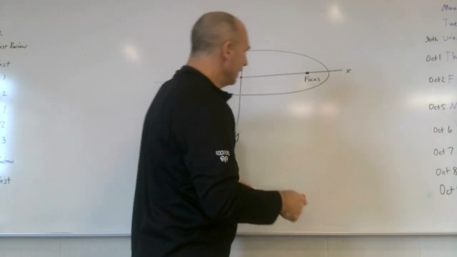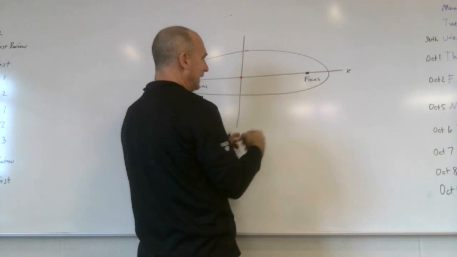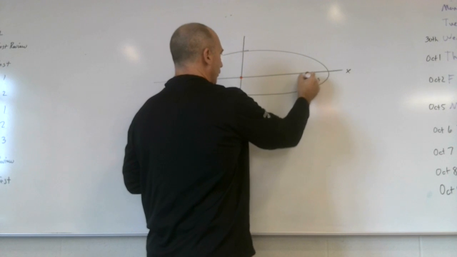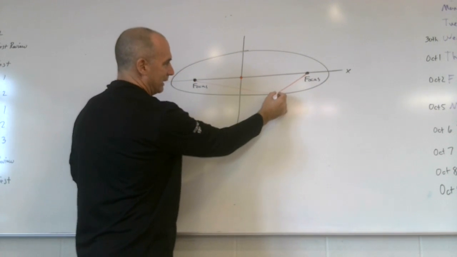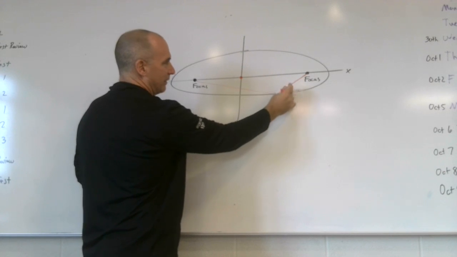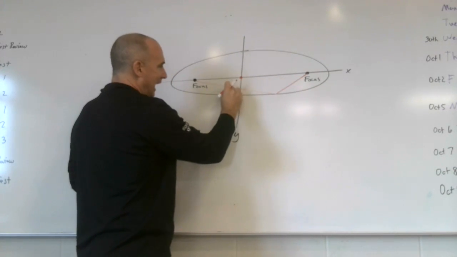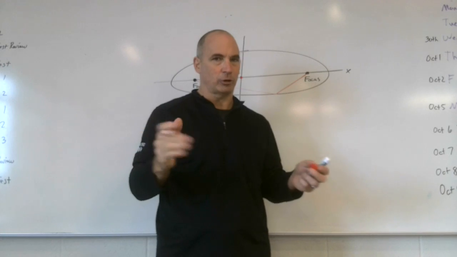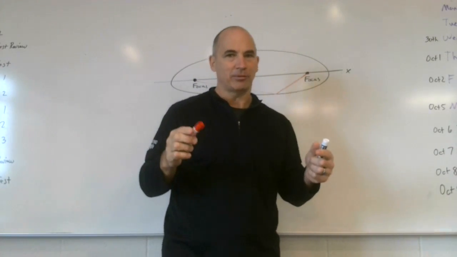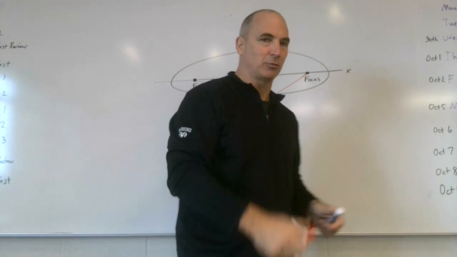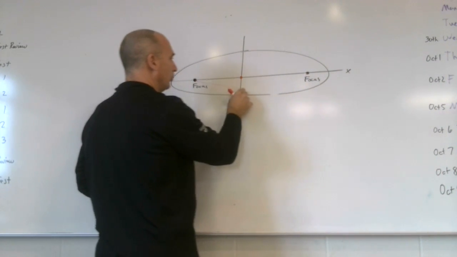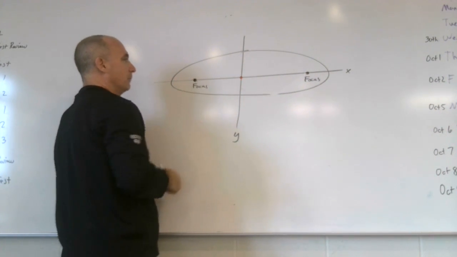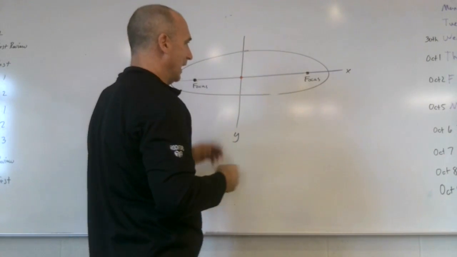So, in a strange kind of a way, at any given moment, this and this is what the string would look like, and then my marker would be right here. These are called focal radii, which is kind of like a circle. So what's an ellipse? It's kind of a messed up circle, to be honest with you, but just to give you an idea of what the purpose of those two dots are, but those are called the foci.